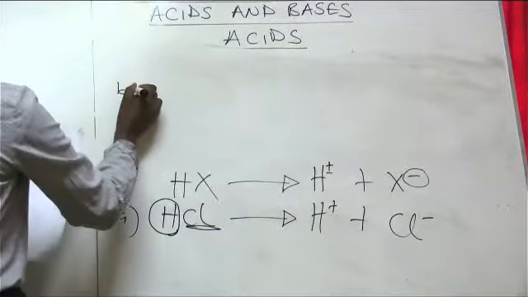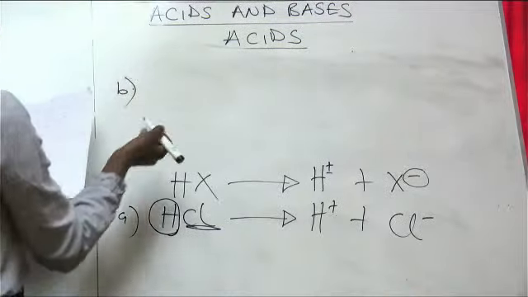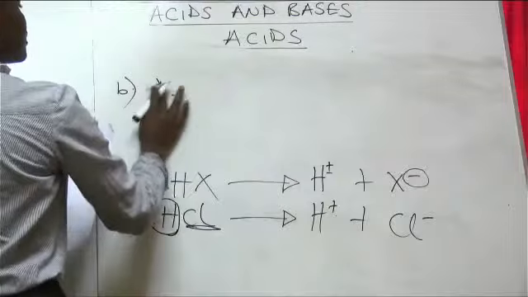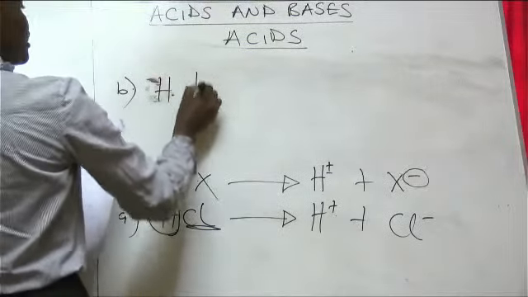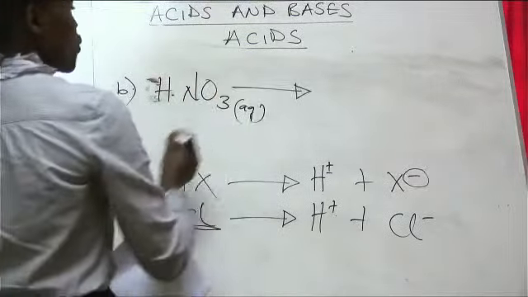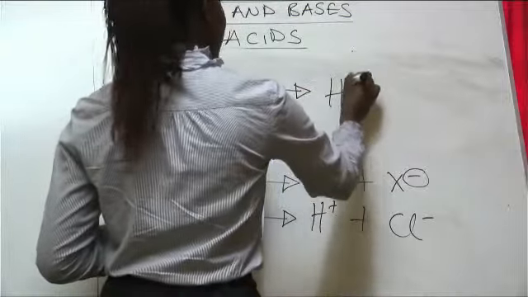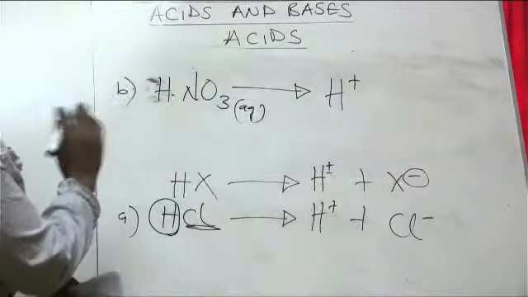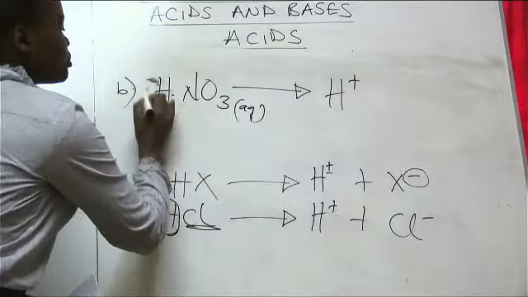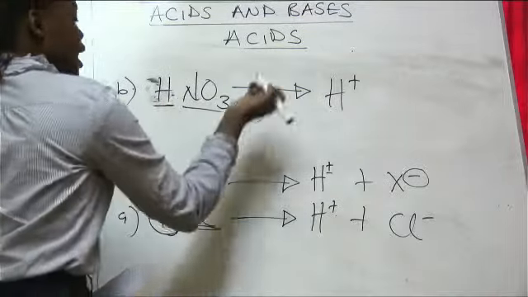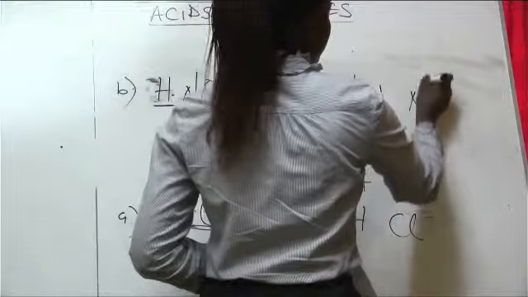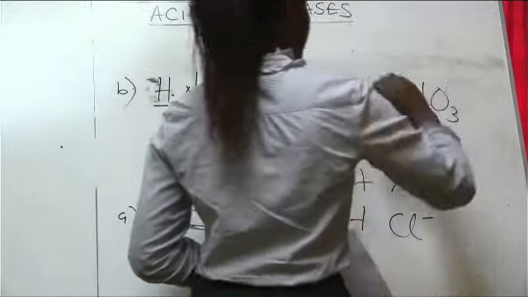Let's look at nitric acid. After a reaction, the first that we'll have is a positively charged hydrogen ion. So this will be positive. Then we have nitrate, which is NO3, which will be negative.